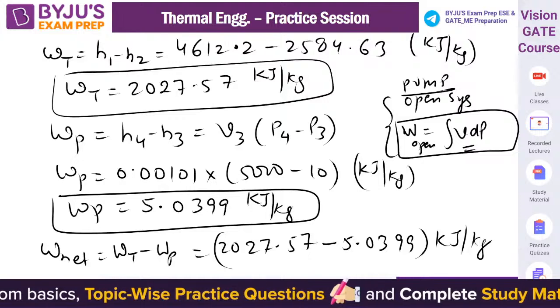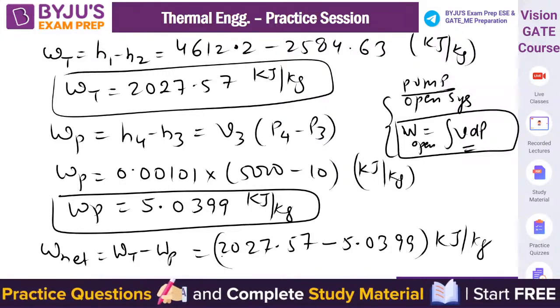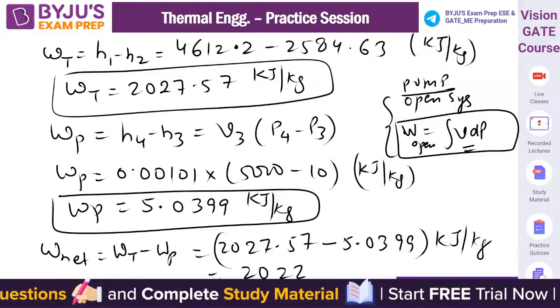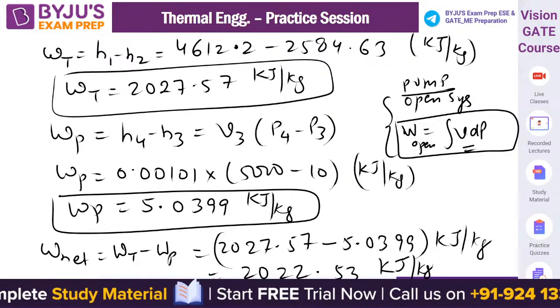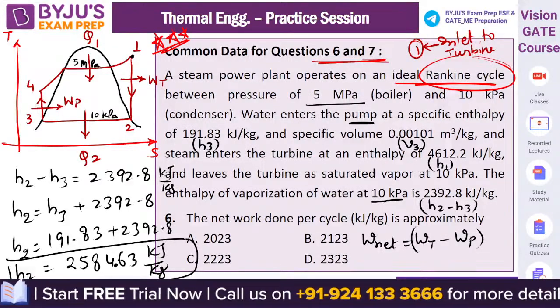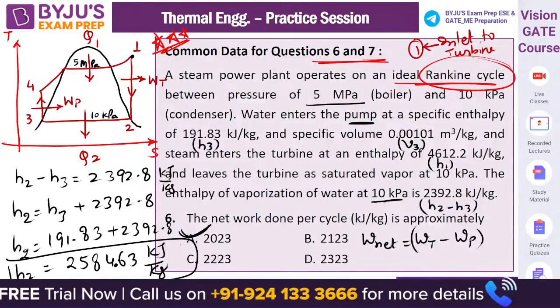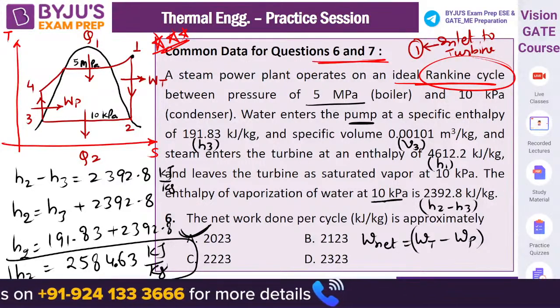So it will be 2022.53 kilojoule per kg. It is very much close to option A.